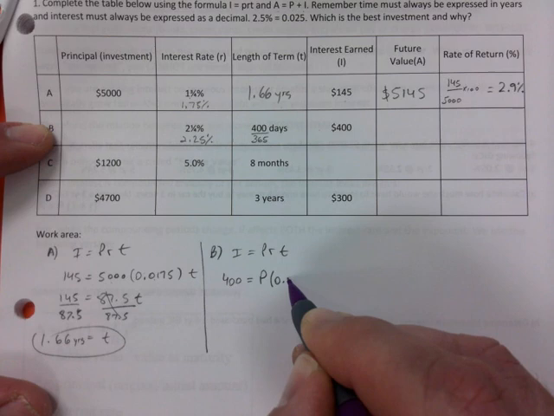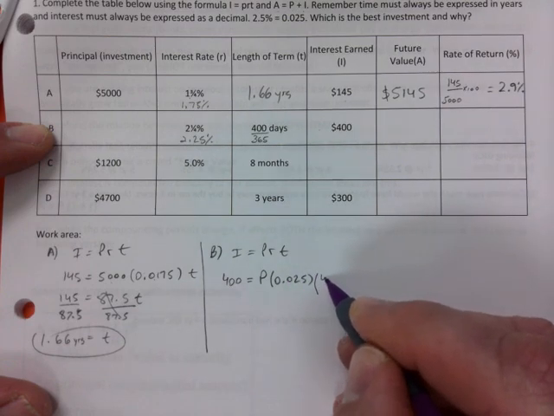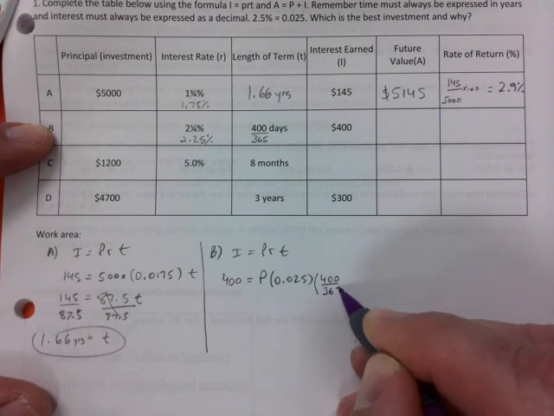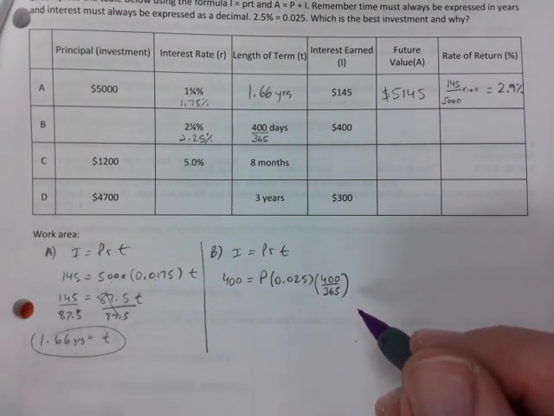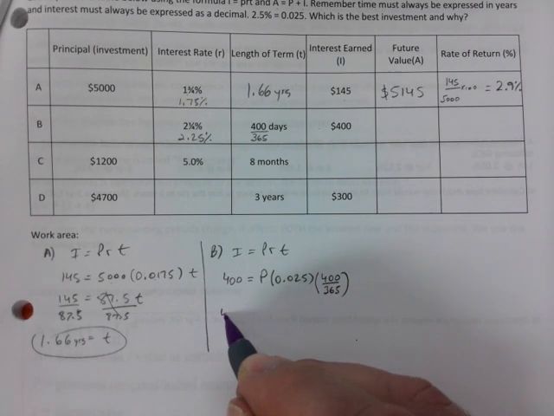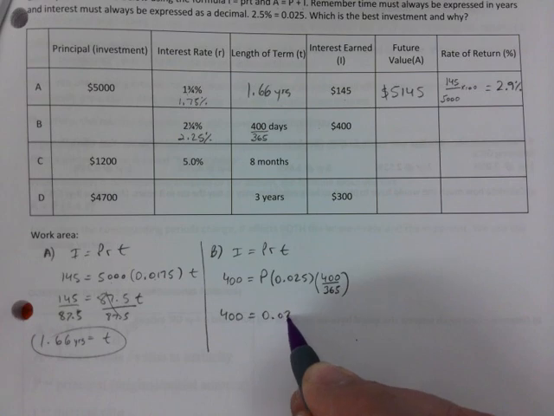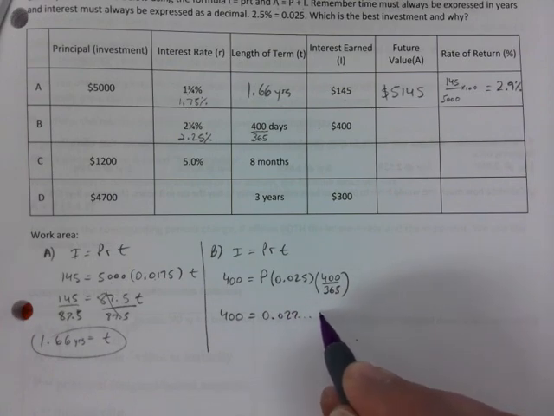The rate is 0.025. And the time is 400 over 365. Okay, so it's over a year. So what do you do here? I would multiply this out first and clean it up a bit. So 0.025 times 400 divided by 365. That's 0.027, and that keeps going, P.